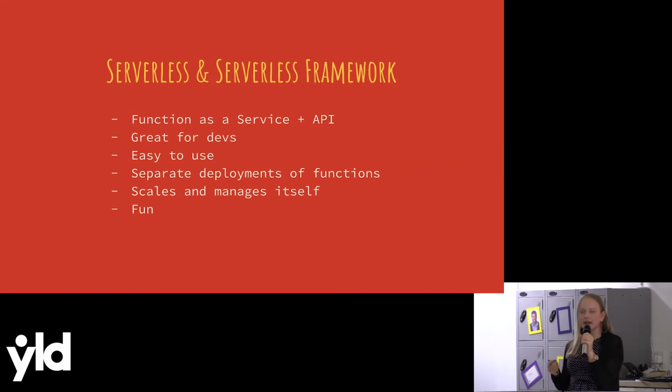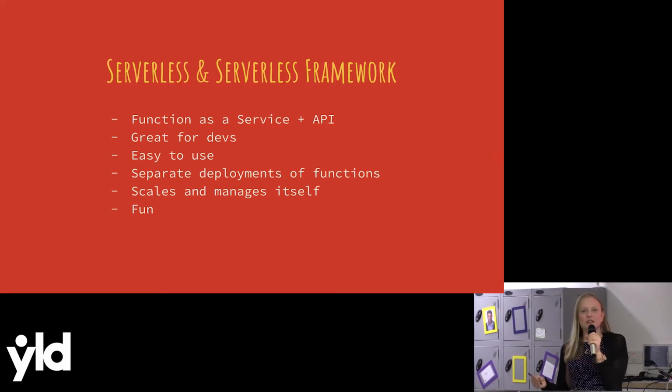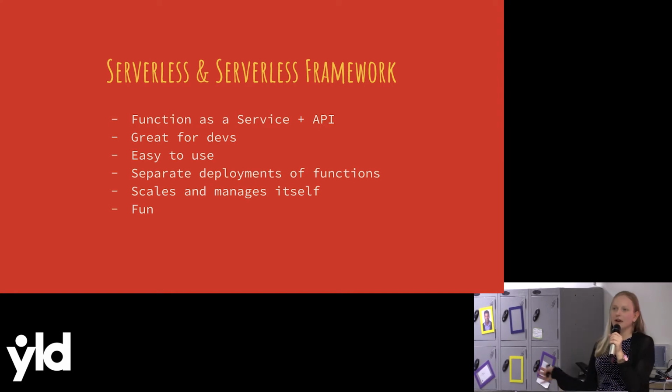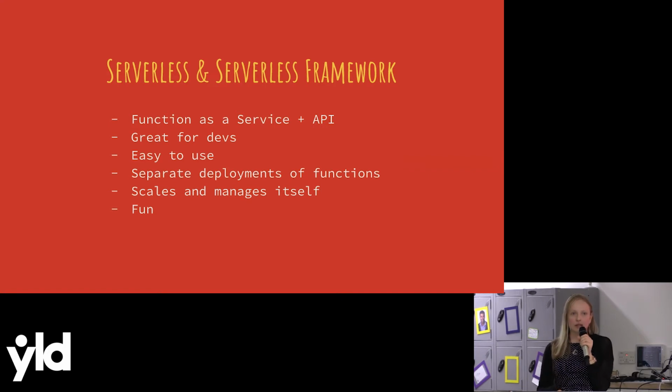Quite typically, that is when you send an HTTP request. That's the most usual use case. And that's why most providers who do function as a service also do some kind of version of API. Here at Hive, we're using AWS, so we're using Lambdas and API Gateway, but there are many other providers who provide this kind of service.